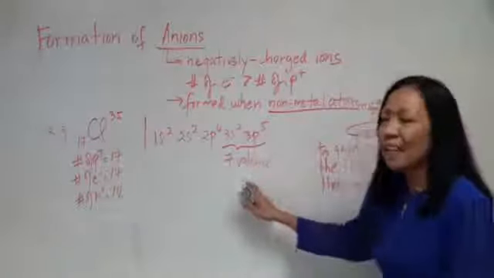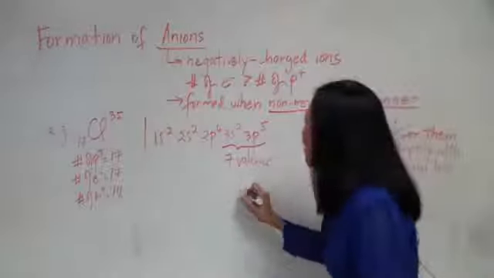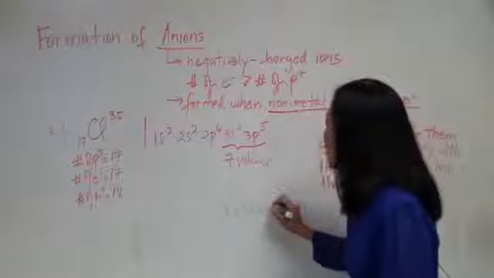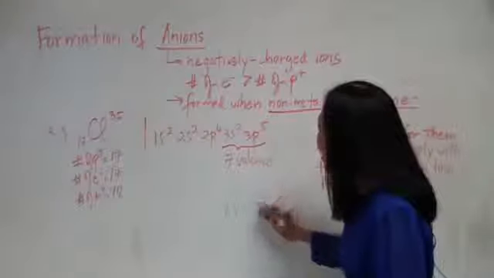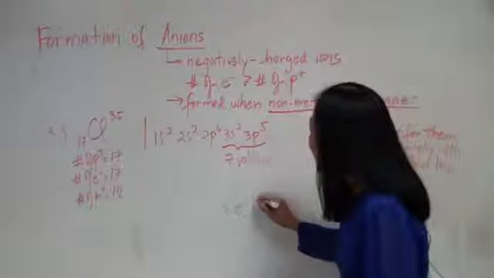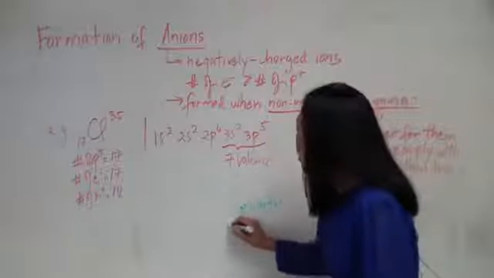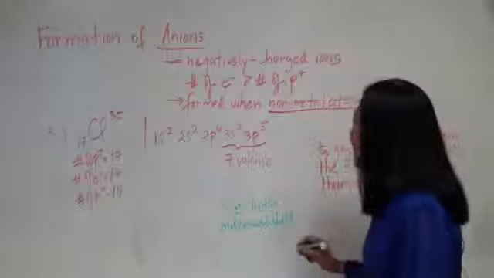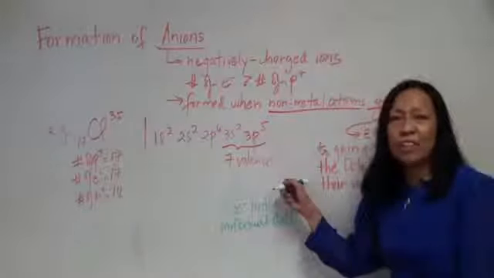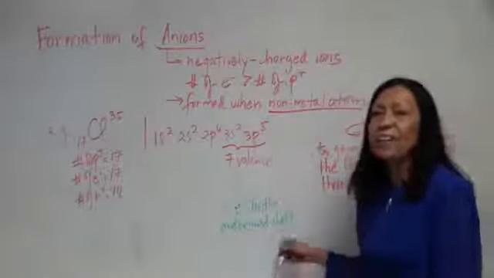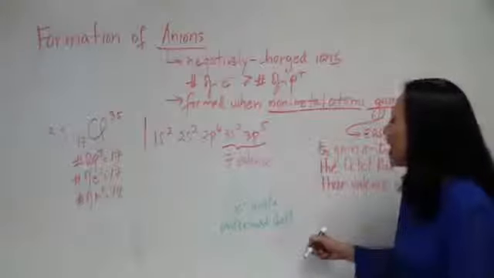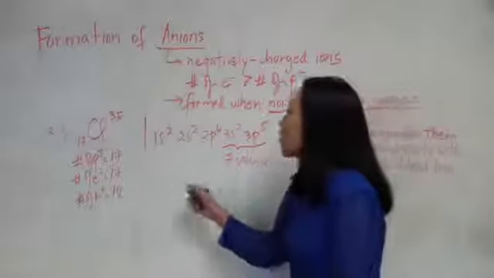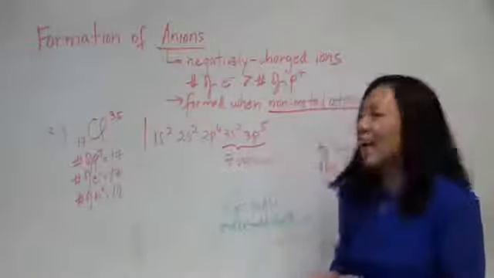With 7 valence electrons, in order for it to attain the stable configuration of 8 electrons in the outermost shell, which is easier for chlorine to do? Is it easier for it to lose all 7 or to just gain 1? So it's easier for it to just gain 1, and so we will have the formation of your chlorine anion.